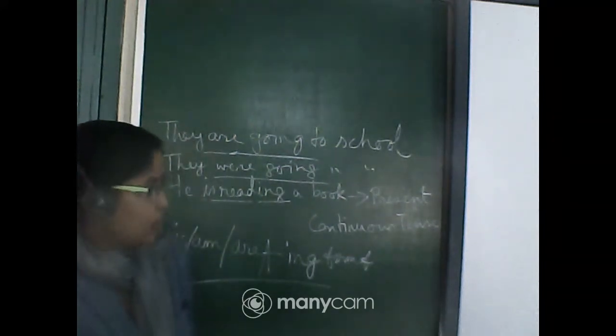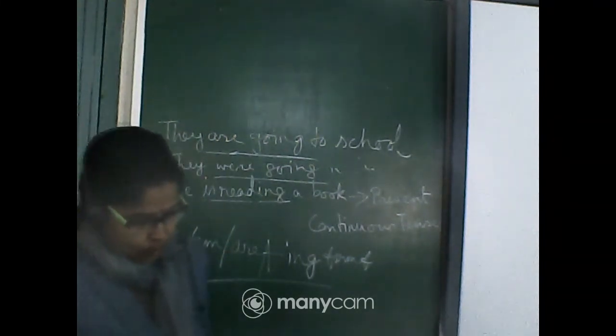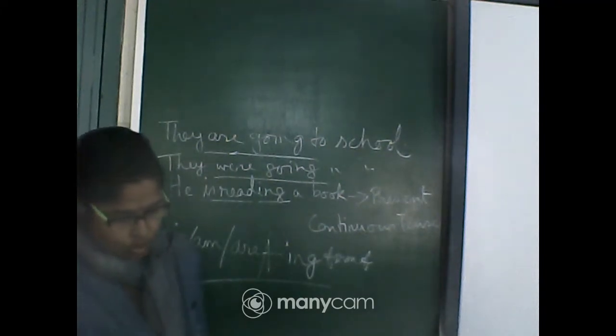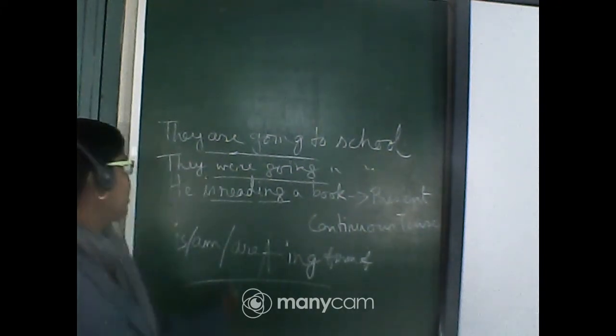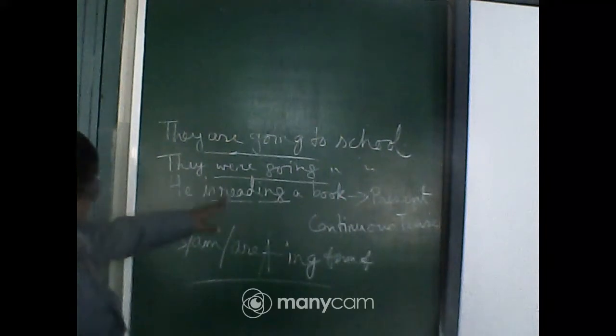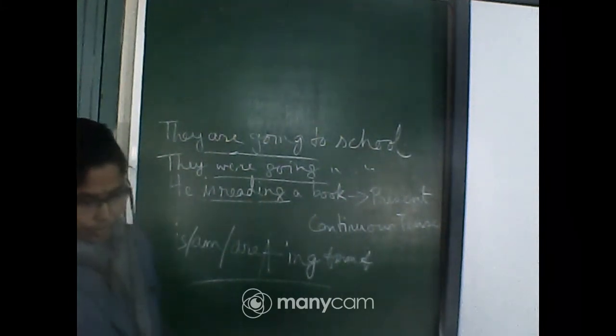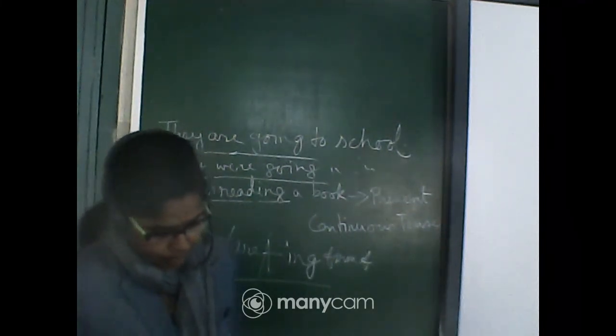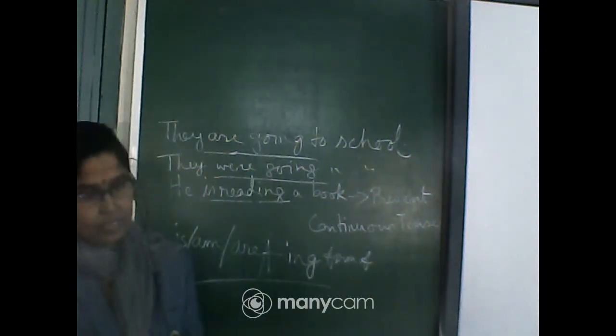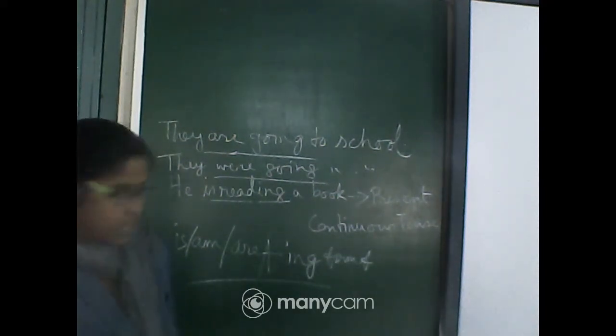Okay. Now normally we add ing to the root form of the verb. For example, go plus ing, read plus ing. Okay. If a verb ends in e, then we drop e.